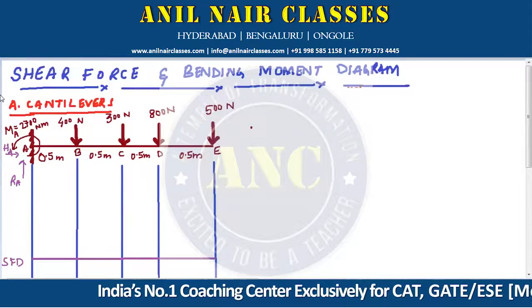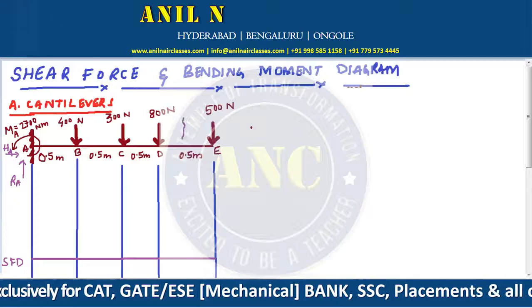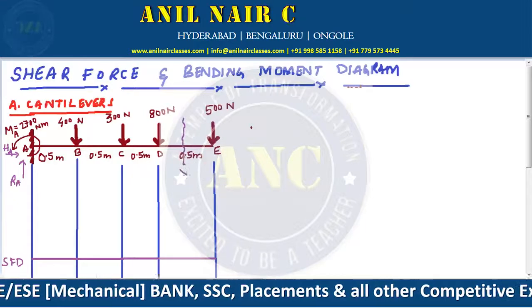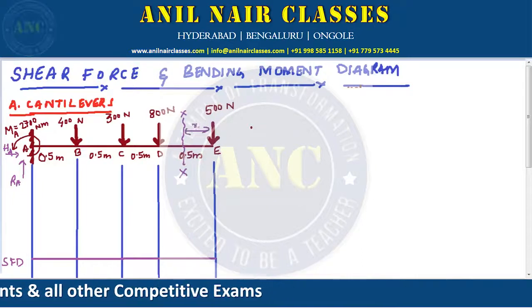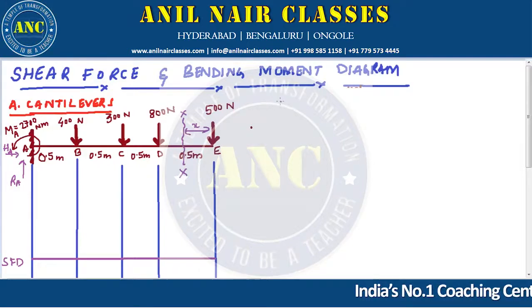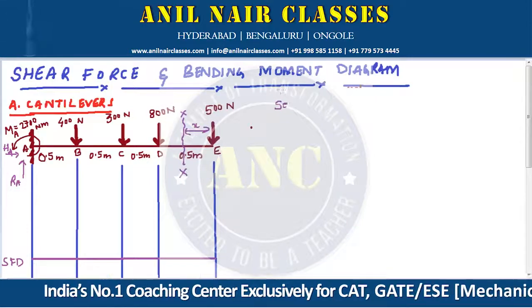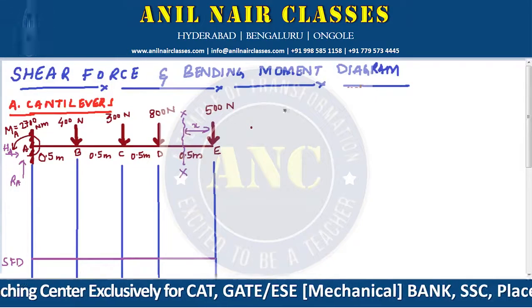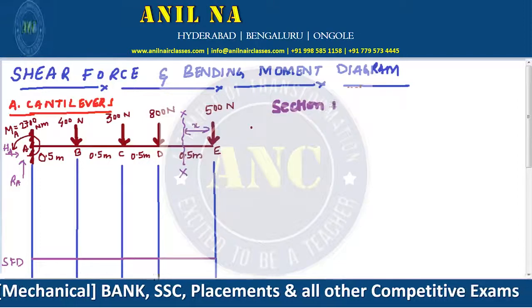So first, to understand this, I'll take a section, any section, say XX at a distance of X from this particular edge E. That is, first we'll start from the right hand side, that is section DE.